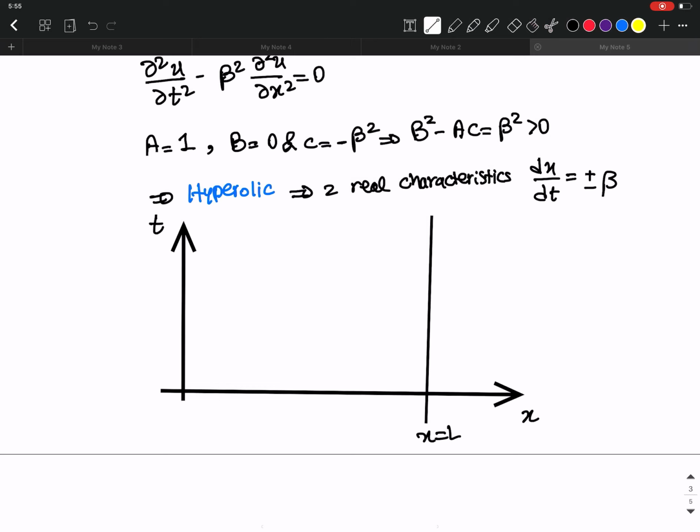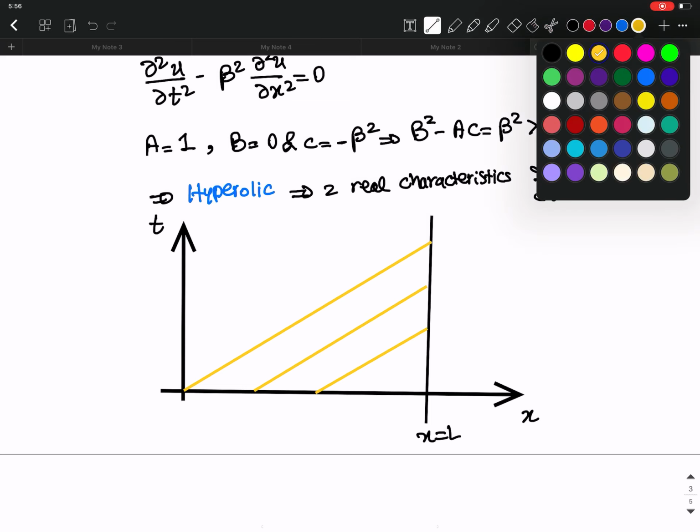Let's do this one with orange. So this can be dx over dt of beta. And then the other one, I'm going to draw with this color.